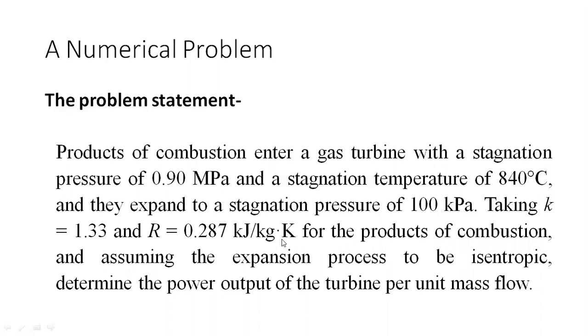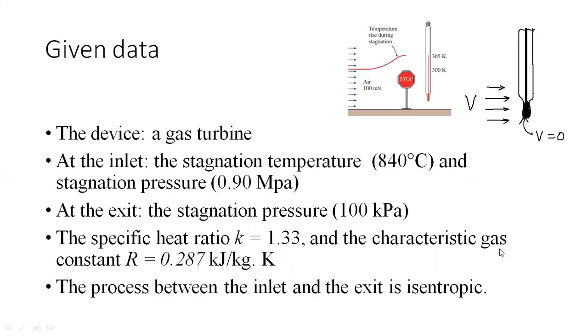Now consider that the expansion from the inlet up to the exit is isentropic. We have to determine the power output of the turbine per unit mass flow rate. So we will see what the given data are. For this problem, the device is a gas turbine.